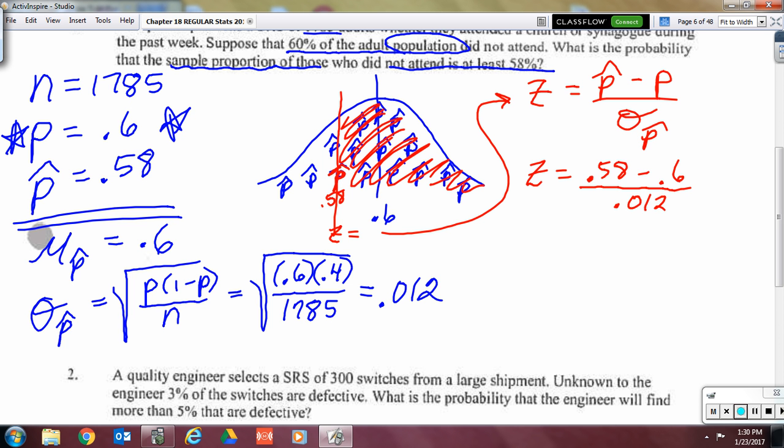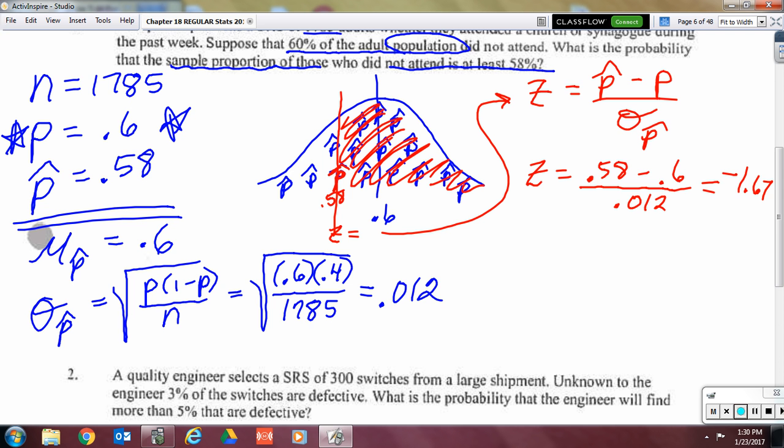I'm just pulling all of these numbers from all the work we did over there on the side. P hat minus the true p over that standard deviation of p hats. Now I computed that, and that ends up being negative 1.67. Negative 1.67. Okay? So that's where that z-score is.